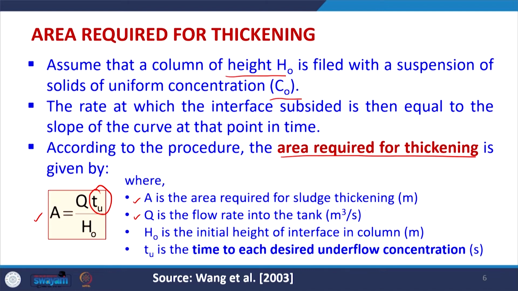Then H0 is the initial height of the interface in the column test, and Tu is the time required for the desired underflow concentration. So, first this will be known to us, because the maximum desired underflow concentration that we are going to reach, we have to decide, and based upon that this Tu value is calculated.